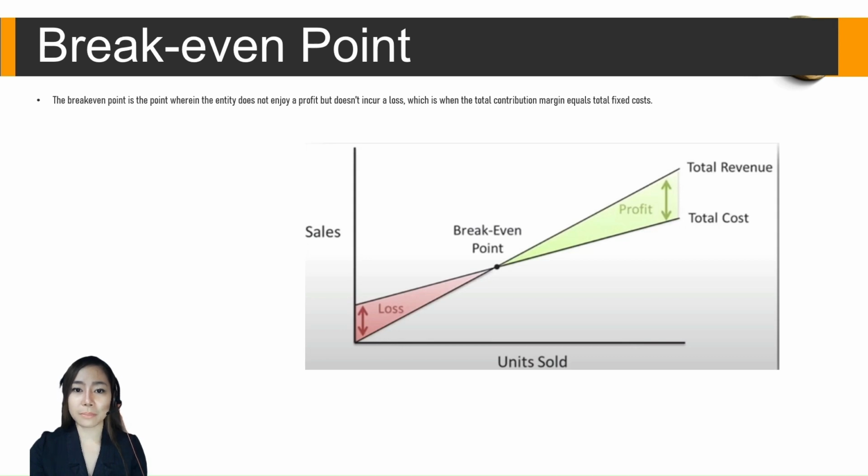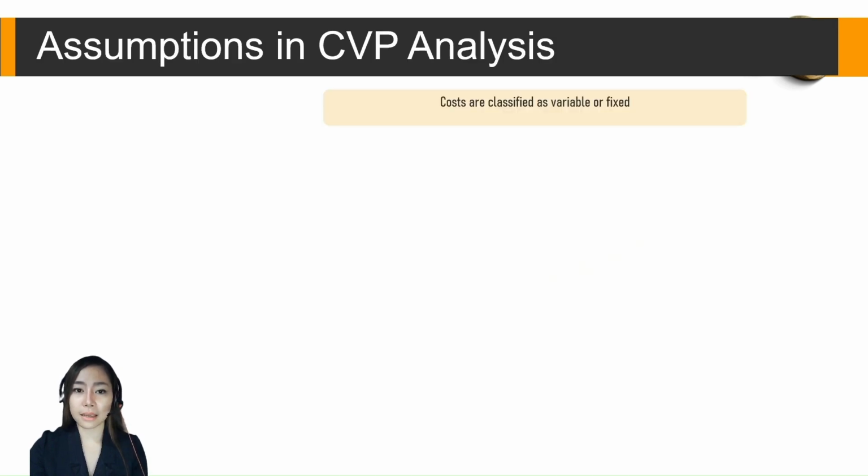So we have some assumptions in CVP analysis. Number one, costs are classified as variable or fixed. Two, variable costs change at a linear rate. As you all know, the total variable cost is based on the number of units that you have produced and sold, right? So variable cost in CVP analysis is assumed to change at a linear rate, and the higher the production, the higher the production cost incurred by the company.